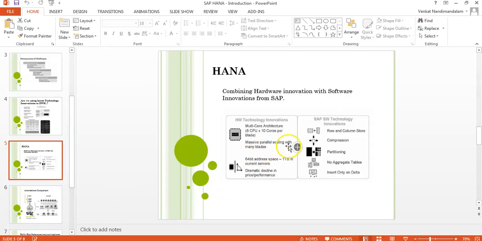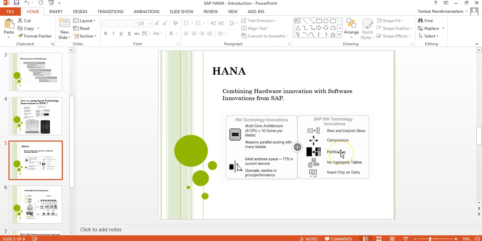Let's go back here. So we discussed the software innovations we have got, which means you have both row structure and column structure available in HANA. Because of the column structure, you are going to get a lot of compression when you move data from your traditional database to HANA.